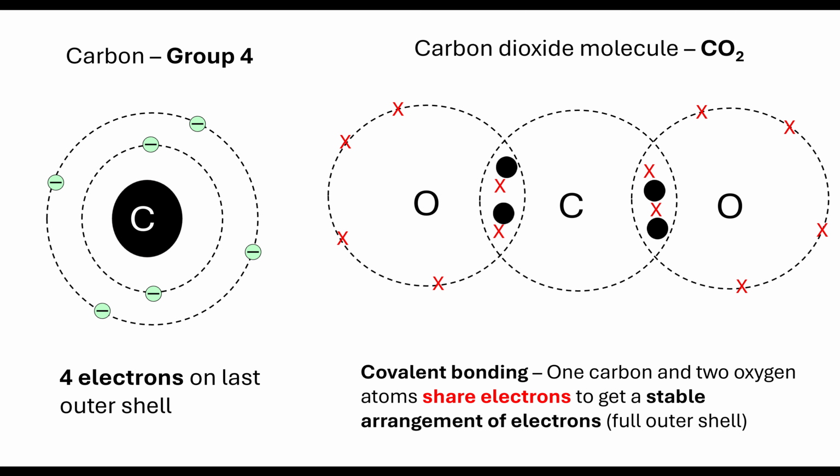So oxygen and carbon have got 2 pairs of electrons that are shared, and the other oxygen and carbon have 2 pairs of electrons which are shared. Therefore we have got 4 covalent bonds. It's important to note that carbon requires 4 covalent bonds because carbon is in group 4. Oxygen was in group 6, therefore it required 2 covalent bonds.